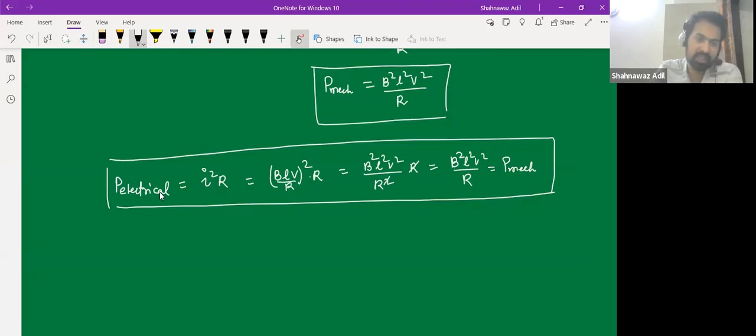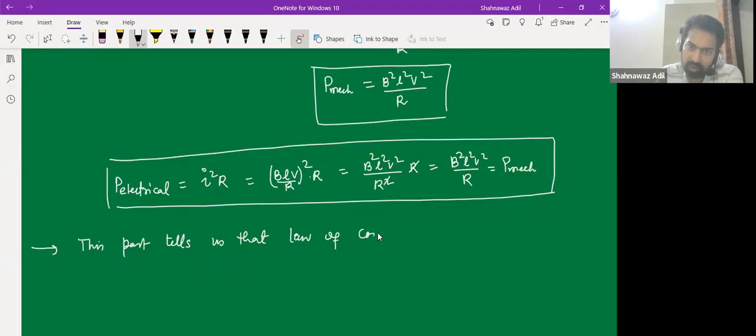So this part tells us that the law of conservation of energy is obeyed by Lenz's law.